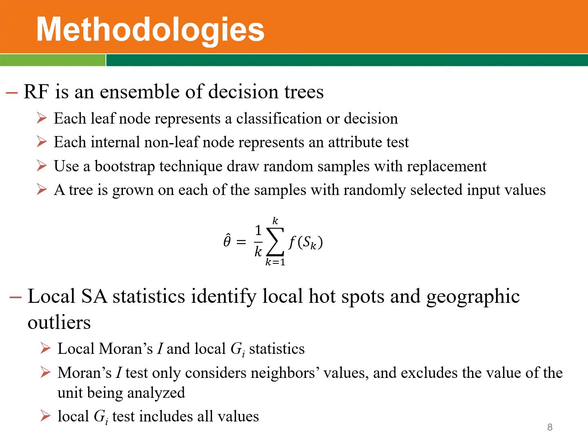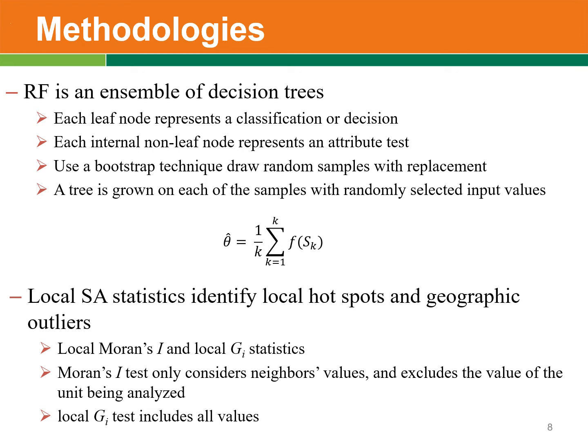The random forest model is an ensemble of decision trees with a tree-like structure, where each leaf node represents a classification or decision, and each internal node represents an attribute test. To construct multiple trees, a bootstrap technique is used to draw random samples with replacement from the original training data.